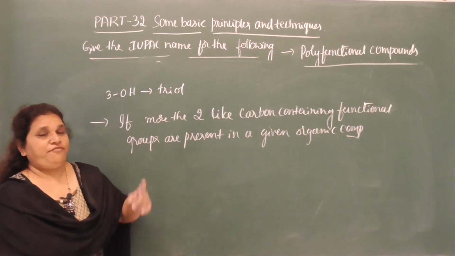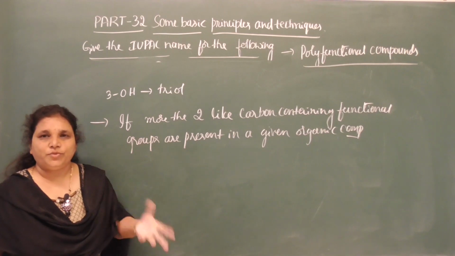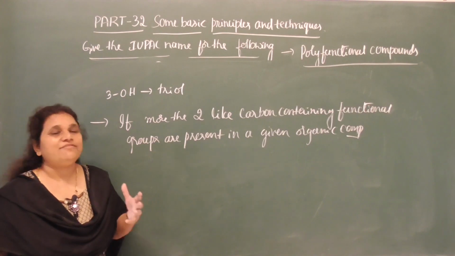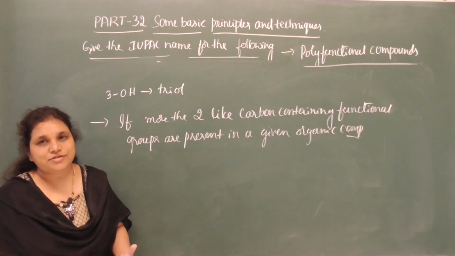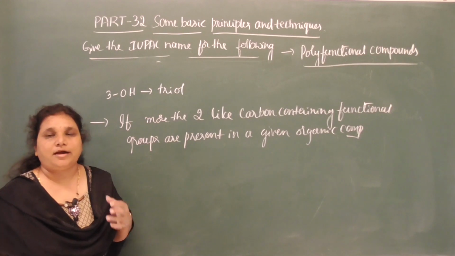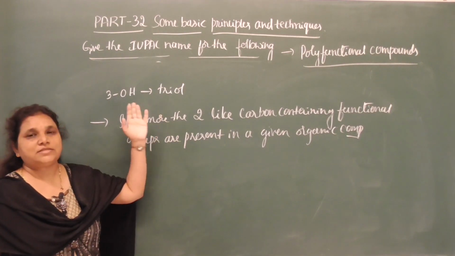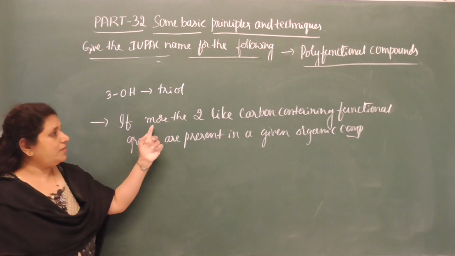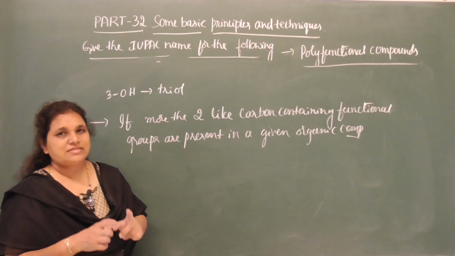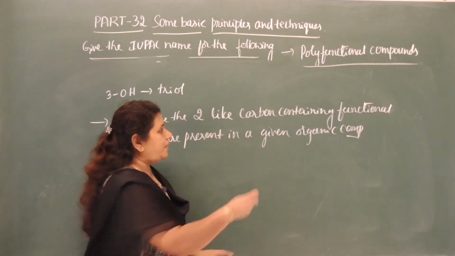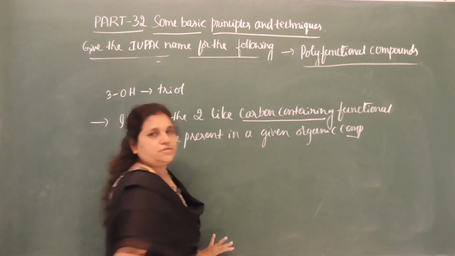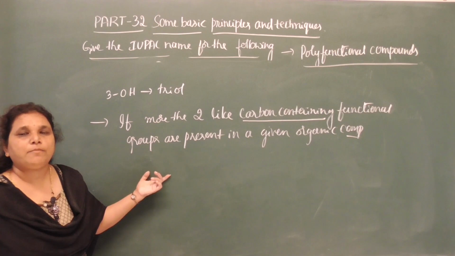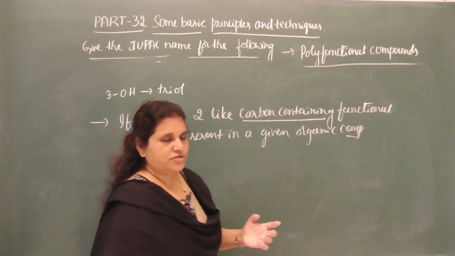Now, if the functional groups are different, or if two or more like functional groups do not carry a carbon atom, then you can use the prefixes tri for 3, tetra for 4. But if more than 2 like, similar, carbon containing functional groups are present in a given organic compound, what do you mean by carbon containing functional groups?